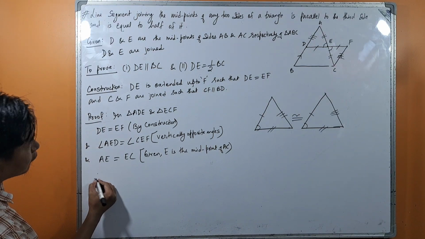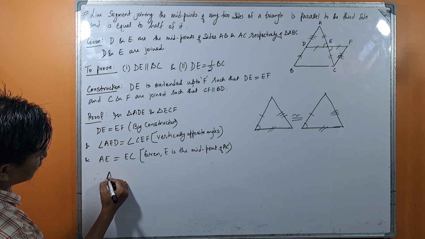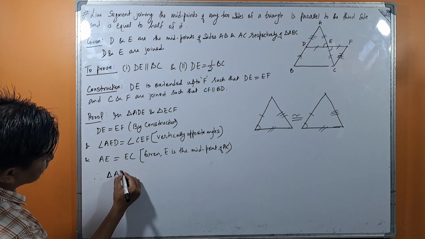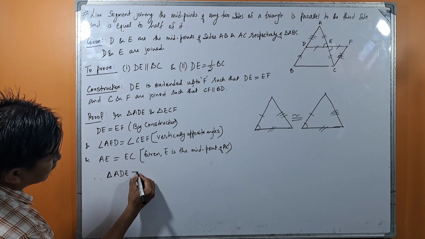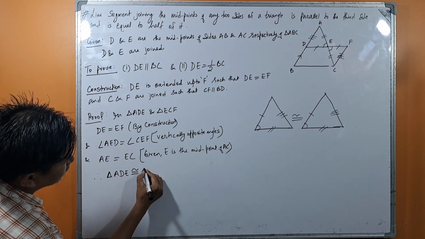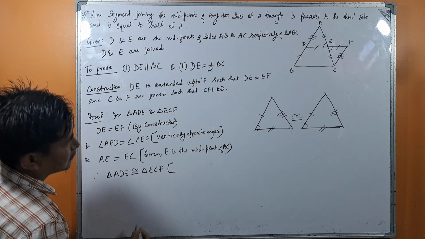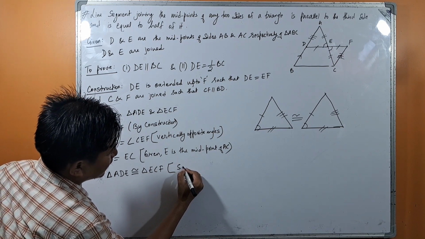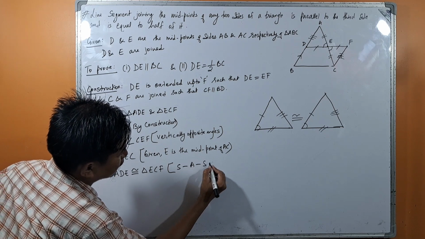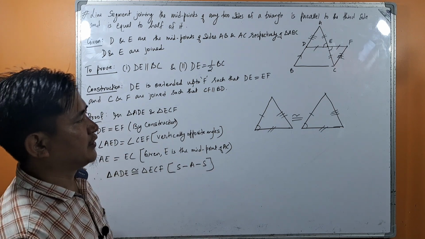Now, therefore, we can say triangle ADE is congruent to triangle ECF because the side angle side congruency criteria is fulfilled.